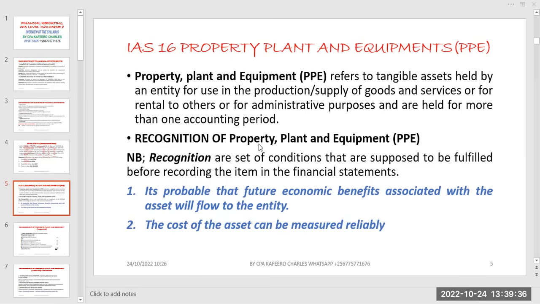But basically, PPE is mainly for non-current assets which are tangible in nature, and they are being used to generate income to the business. And generating that revenue we are talking about, in terms of the income, it is used in the day-to-day operations of the business.